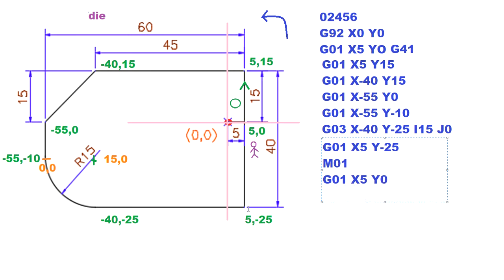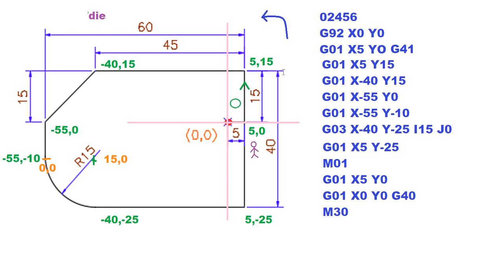And then we send the wire back to the origin, G01 X0 Y0. Don't forget to cancel the offset G40. And then we close the program with M30.